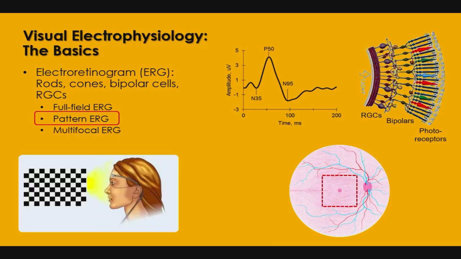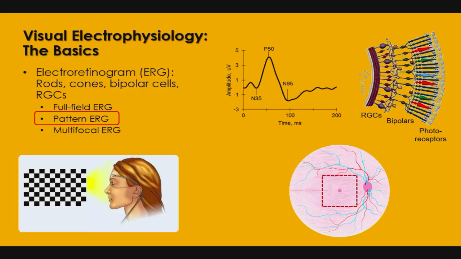Anybody wants to tell us what the N95 means? The negative trough at 95 milliseconds. That is all that it means. So the whole pattern ERG gives us an indication of the retinal ganglion cells.